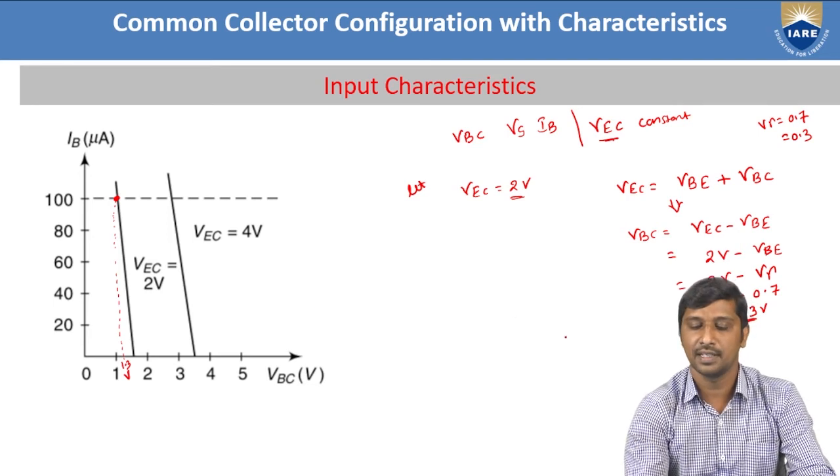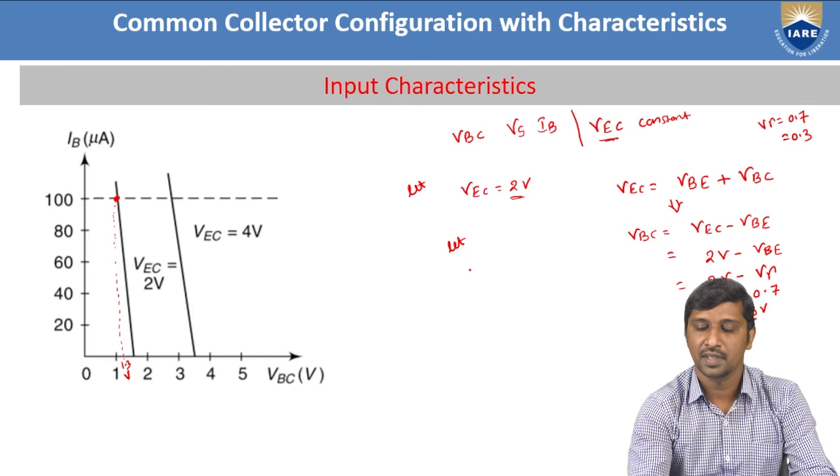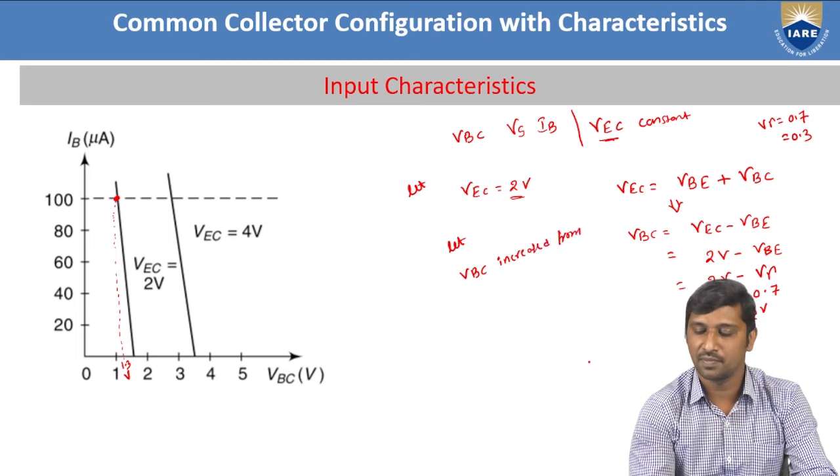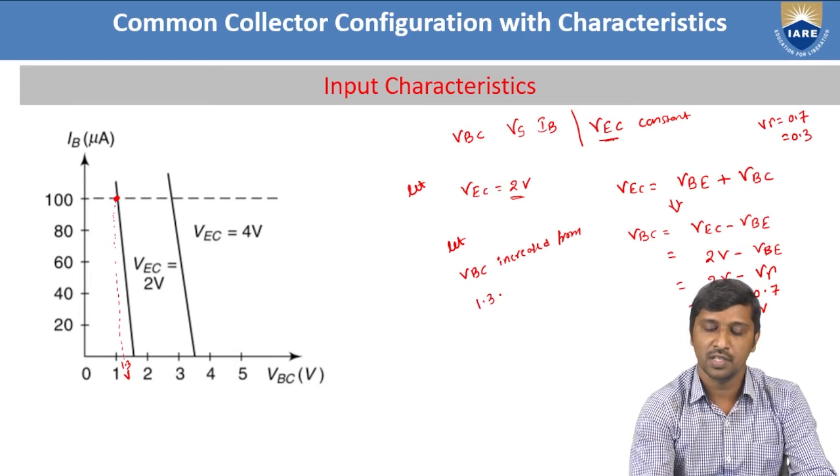So for this case, let us consider if this VBC is increased. What is the VBC voltage at this point? VEC is 2 volts, VBC is 1.3 volts. Now it goes to some 1.5 volts.